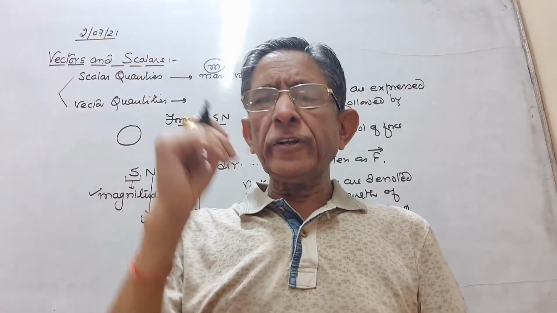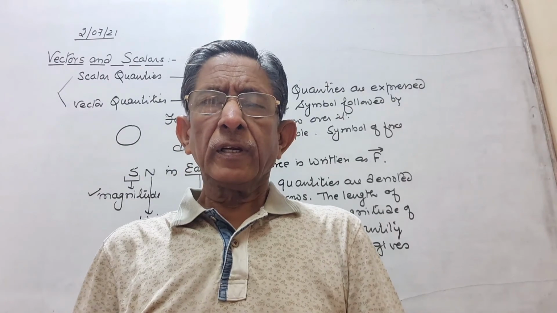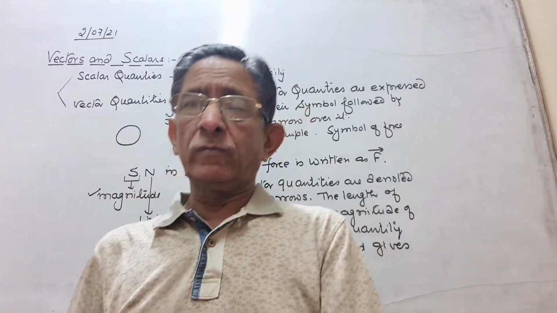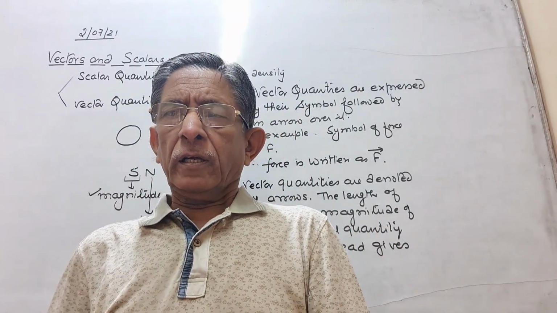So vector quantities are denoted by arrows.